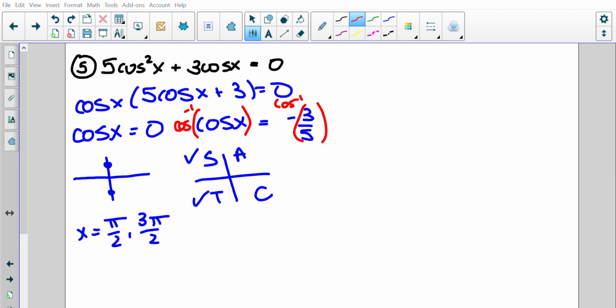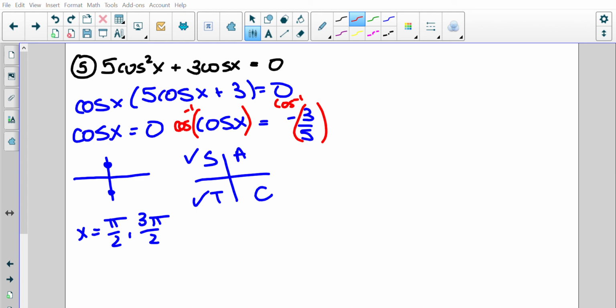Just double check that you are in radian mode, and you want to hit second cosine of positive 3/5. Okay, and that should give you a decimal about 0.927-ish, hopefully. And remember, that's giving us our answer in quad 1.